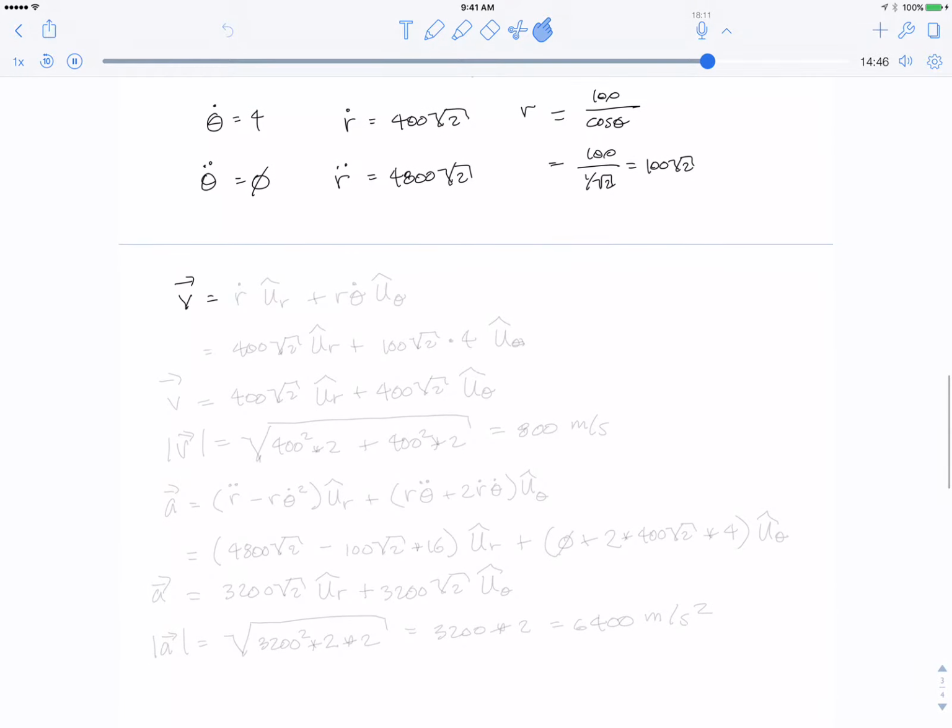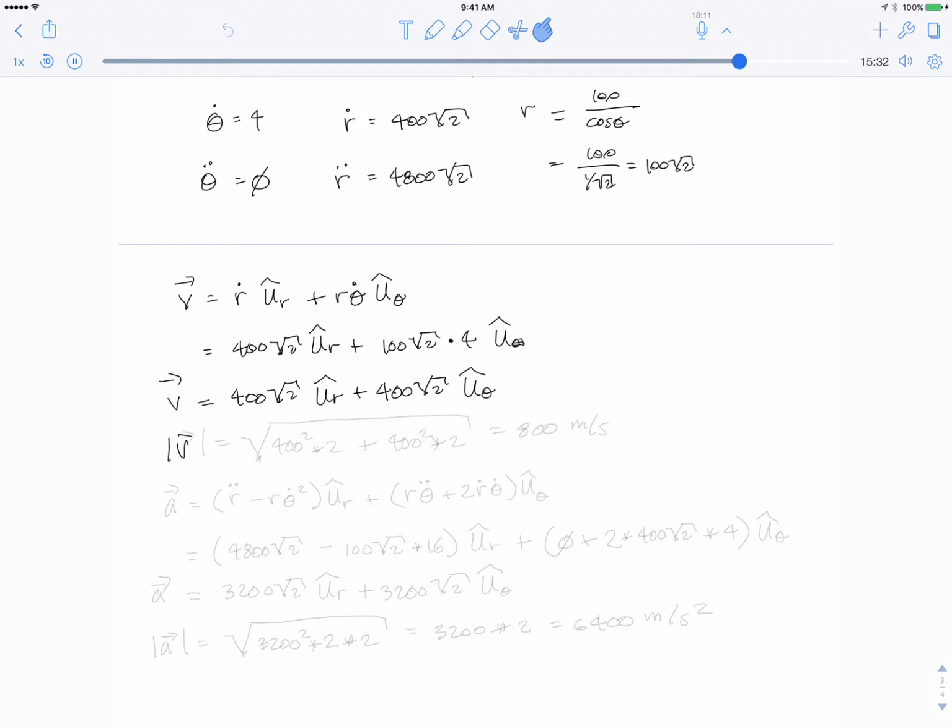So the velocity again is r dot in the r direction plus r theta dot in the transverse direction. And plugging in, that's 400 square root 2 in the r direction plus 100 square root 2 times 4 in the theta direction. So that equals 400 square root 2 in the r direction plus 400 square root 2 in the theta direction.